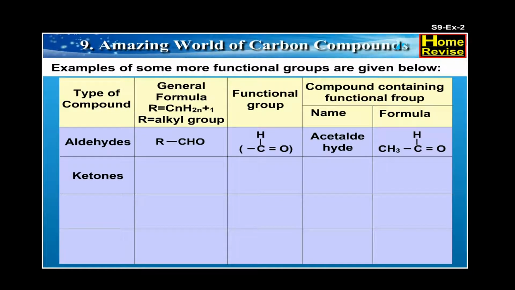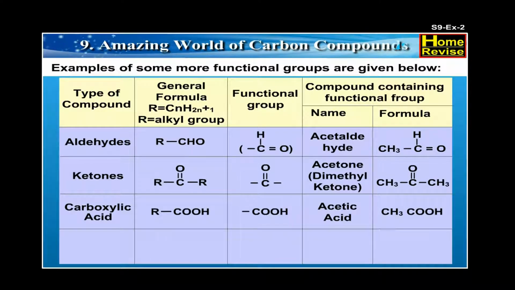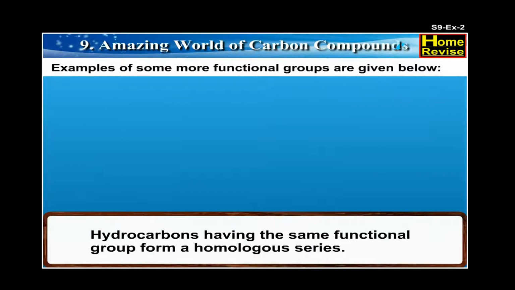Ketones have the general formula RC double bond OR and the functional group is O double bond C. 3. Carboxylic acid has the general formula RCOOH and functional group is COOH. Hydrocarbons having the same functional group form a homologous series.